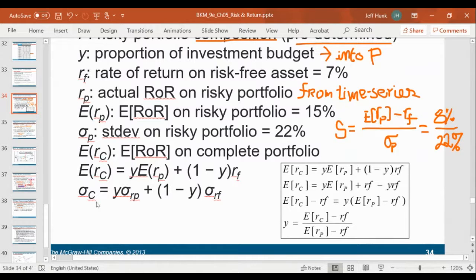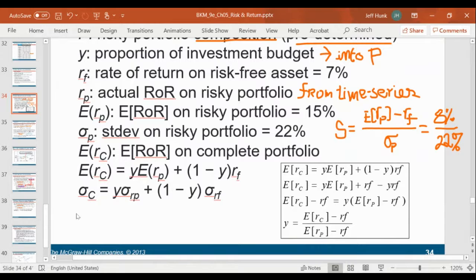And then also the standard deviation, sigma of the complete portfolio, is the risky portfolio standard deviation times the weight, plus 1 minus weight. This is the weight that goes into the risky portfolio anyway.